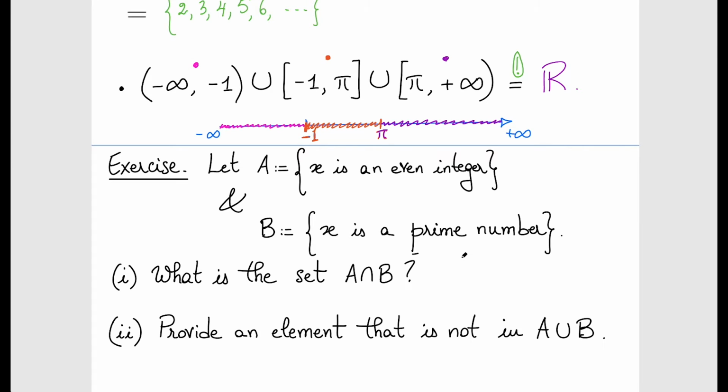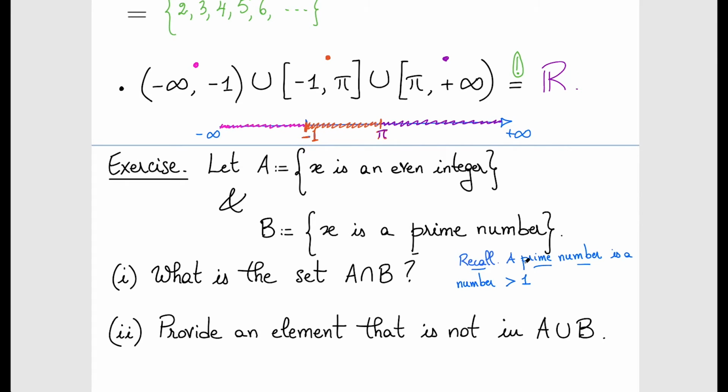So a prime number is a number, let me define it for you. So recall, a prime number is a number that's bigger than or equal to 2, or bigger than 1.